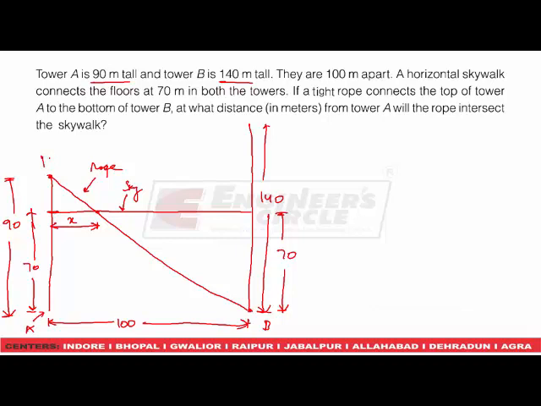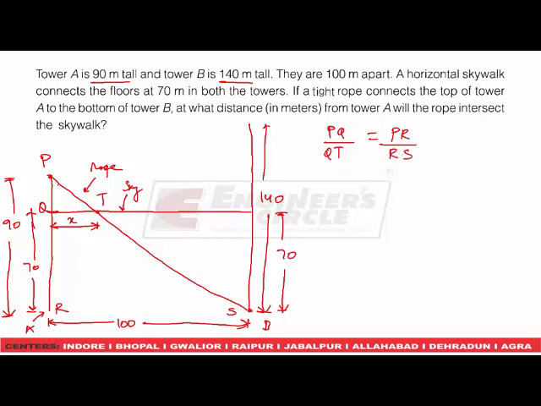Let this be P, this Q, this R, this S, and this be T. So in the similar triangles, PQT triangle, PQ by QT will be equal to, in another triangle, PR by RS.